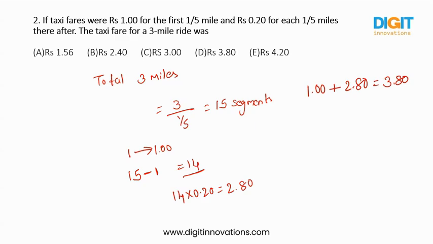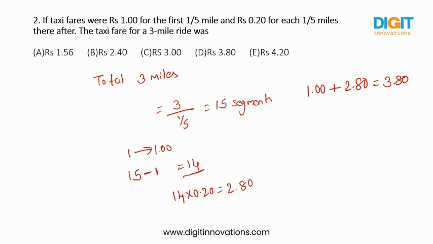I just found out that the total is 3 miles. In the question they're telling that the first 1/5 mile is 1 rupee, and all remaining 1/5 miles cost 0.20. Due to that, I had to find how many 1/5 miles are in the total 3 miles, and I got to know it is 15.